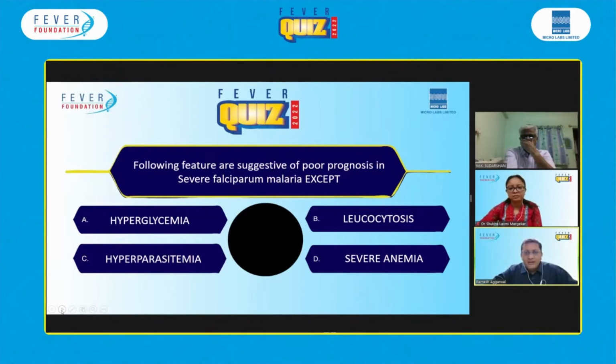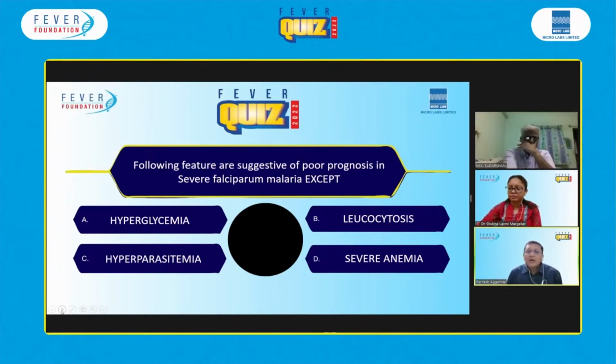Again, malaria, as Dr. Anupam told in the initial quiz, is a very common disease, which is of course prevalent all over India, and simultaneously dengue, malaria, and of course with intermittent COVID. So this is disturbing throughout India.